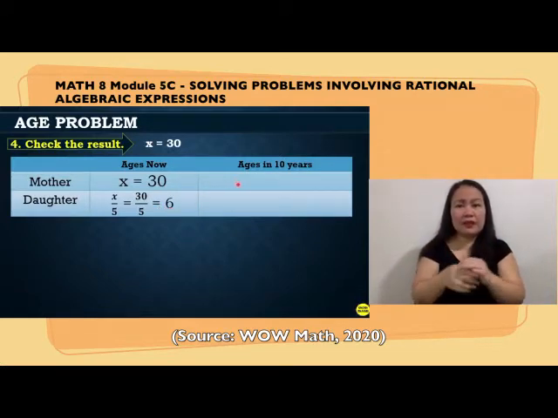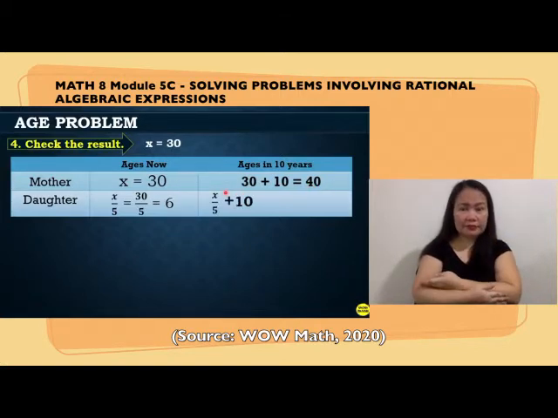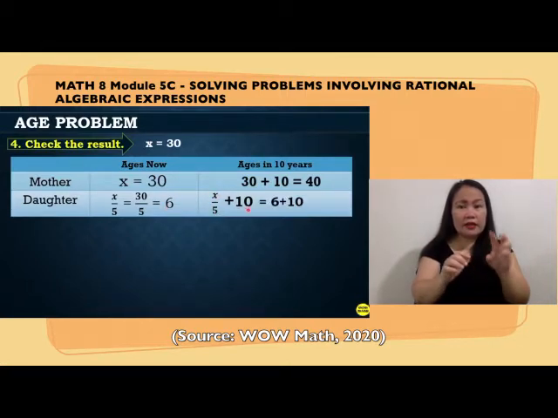Alright? Now, in 10 years, so x plus 10 yon. So, 30 plus 10, that is 40. And then, si daughter naman, x over 5 plus 10. So, ang x over 5 natin ay nakuha natin na 6. So, 6 plus 10, that is 16. Alright? So, in 10 years, the age of the mother is 40 and the daughter is 16 years old.